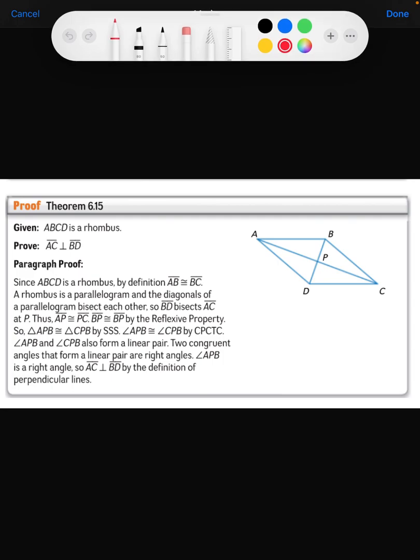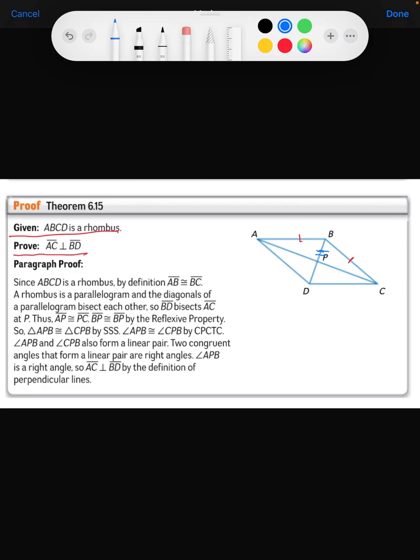So if we're given that ABCD is a rhombus, we want to prove that AC is perpendicular to BD. So since it's a rhombus, what we first can say is AB and BC are equal to each other. And then we can say BP is equal to itself by our reflexive property.